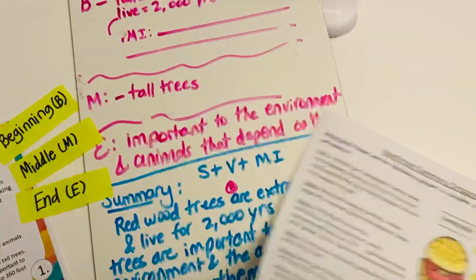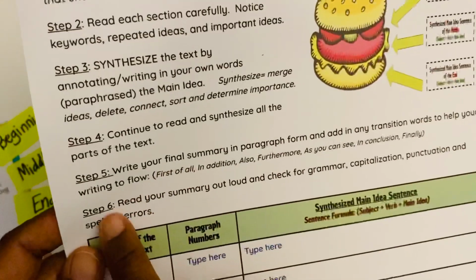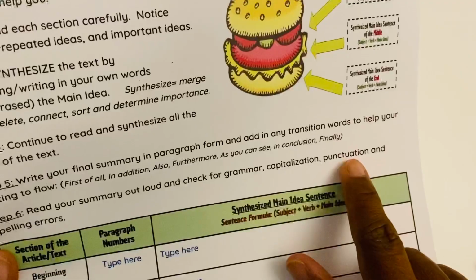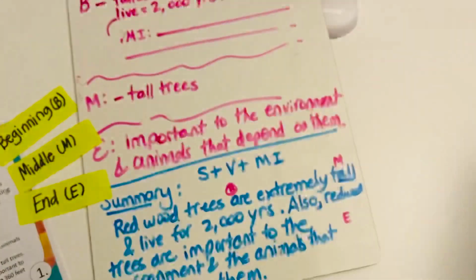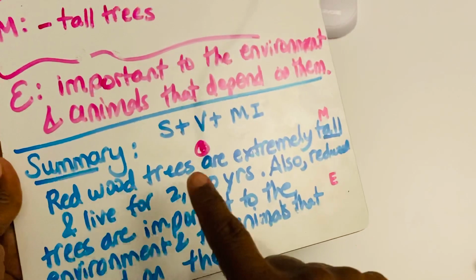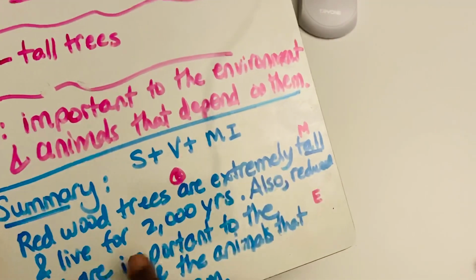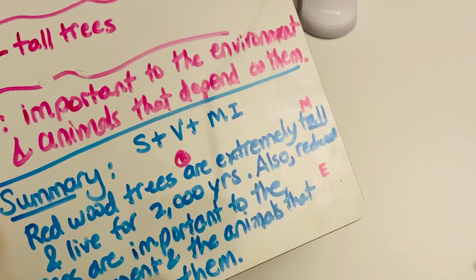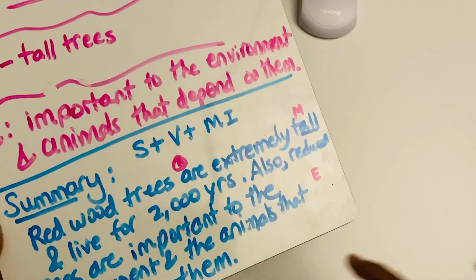Let me get my list here. My final step, step 6, read your summary out loud and check for grammar, capitalization, punctuation, and any spelling errors. So here we go. I'm gonna read it out loud. Redwood trees are extremely tall and live for 2,000 years. Also, redwood trees are important to the environment and the animals that depend on them.